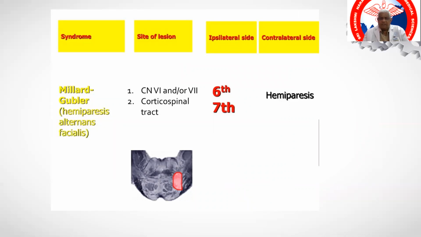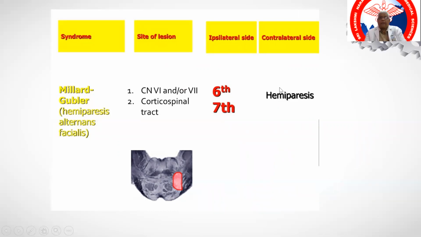Syndromes. Millard-Gubler syndrome, hemiparesis alternans facialis. Site of lesion: cranial nerve 6th or 7th, and the second site is the corticospinal tract. Ipsilateral 6th and 7th nerve lesion, contralateral side hemiparesis.